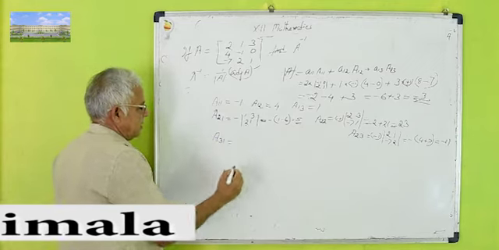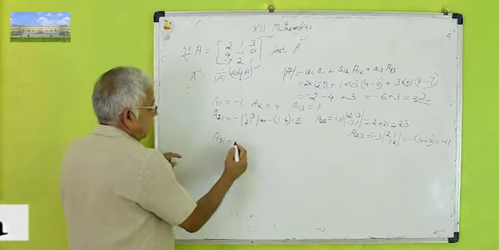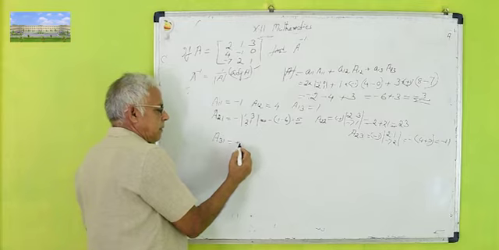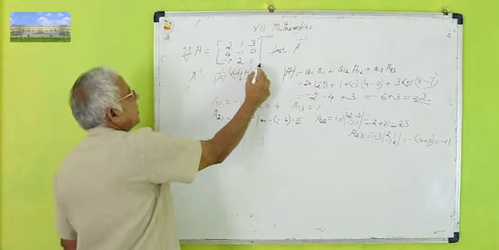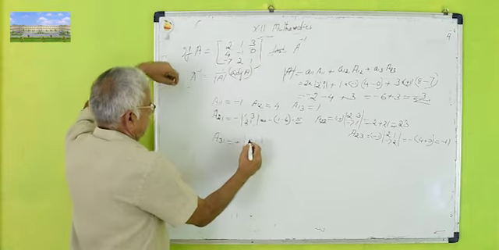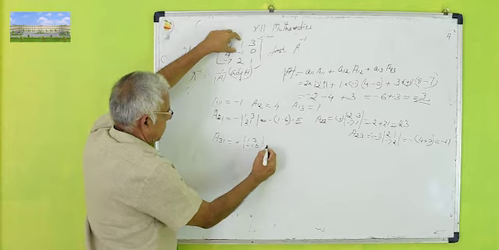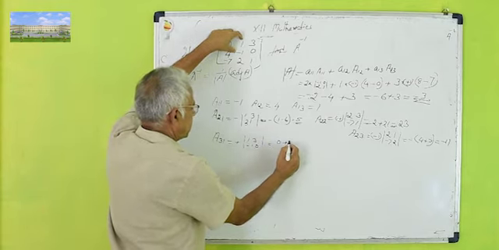A31 is equal to, 3 plus 1 is an even number, so positive. Delete the third row and first column, 1, 3; minus 1, 0 is equal to 0 minus of minus plus 3, 3.